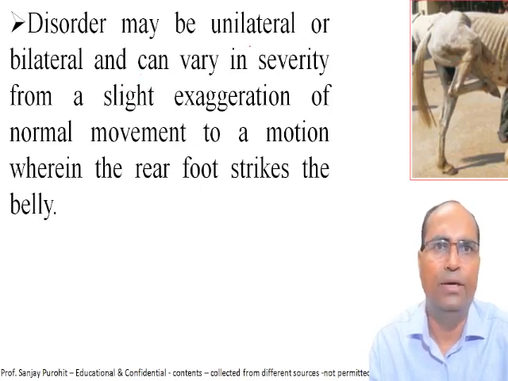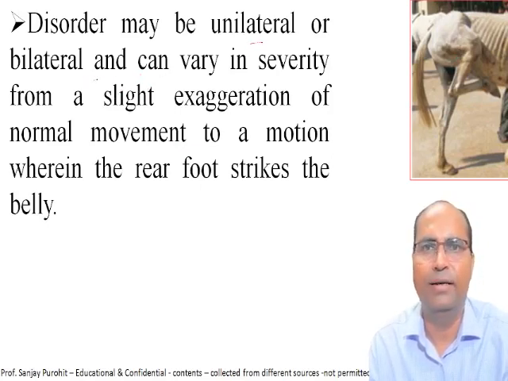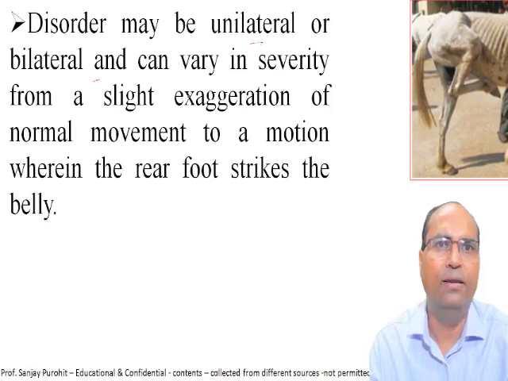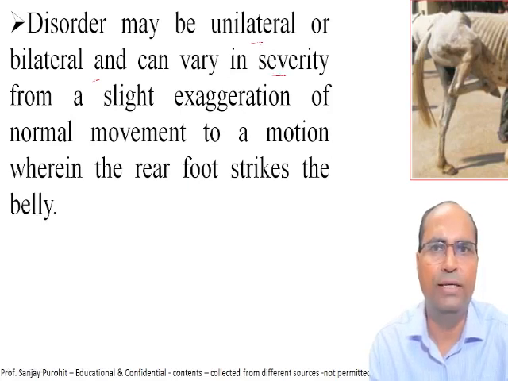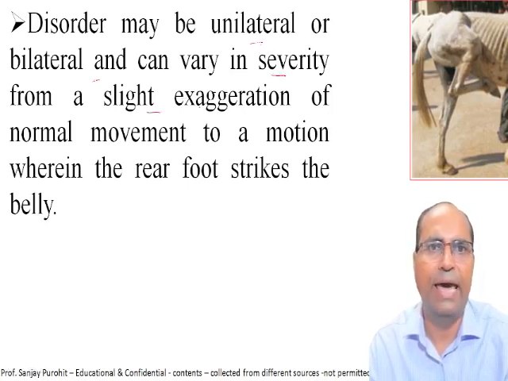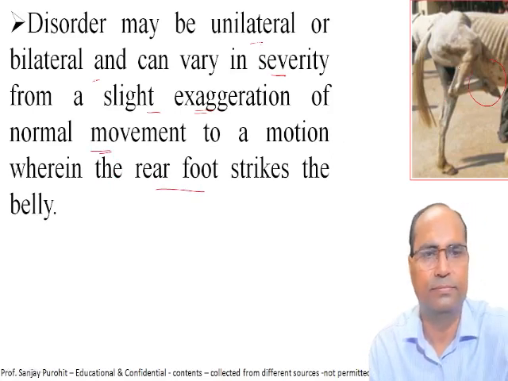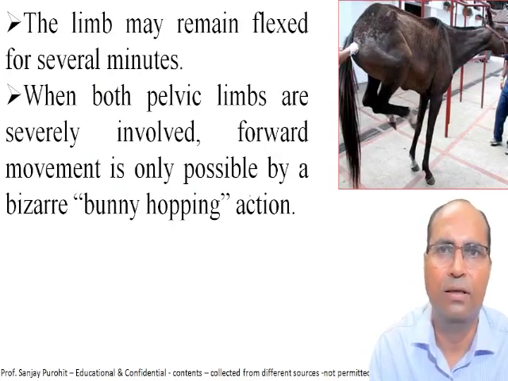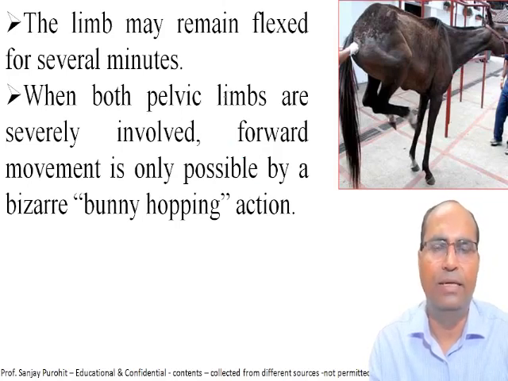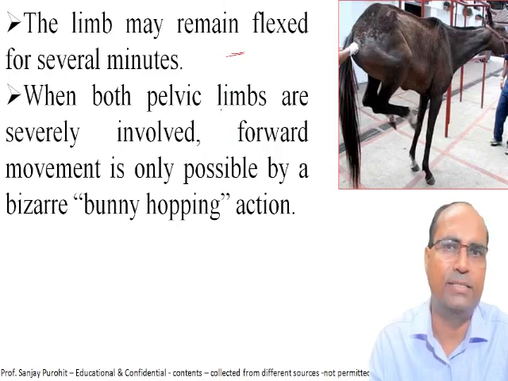The disorder may be unilateral or bilateral and can vary in severity from slight exaggeration of normal movement to motion wherein the rear foot hits the belly. The limbs may remain flexed for several minutes.